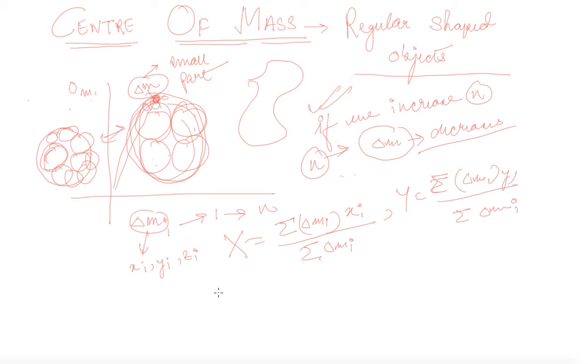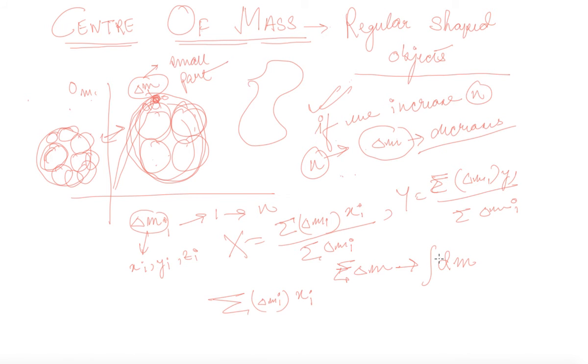So our expression actually becomes something like this: the summation of del mi xi. Now the summation of del m can also be written as the integration of dm.